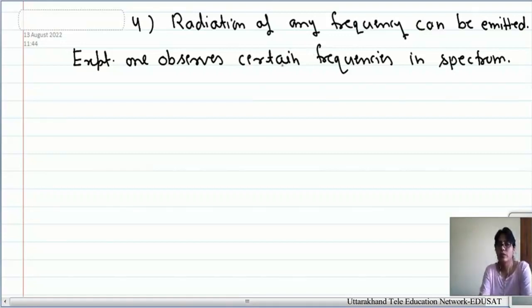So if we go back, or if we recall our previous conditions of the atomic model, what are the properties which an atomic model should explain.